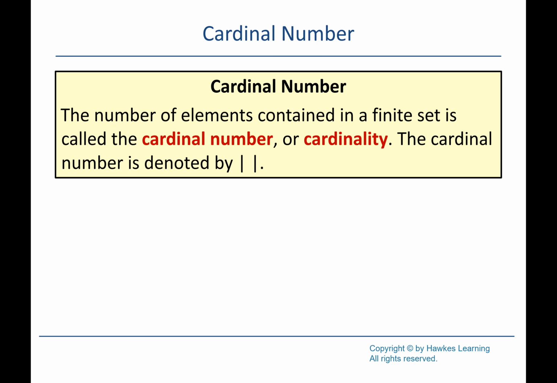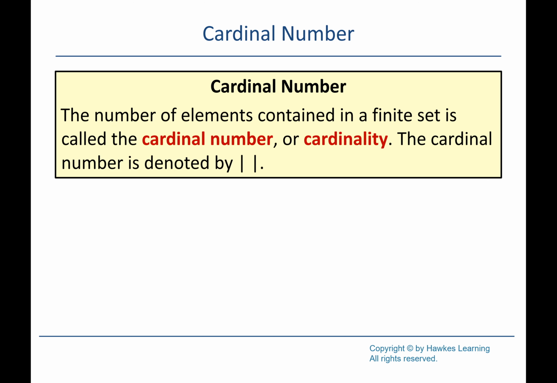And our notation for that looks weird up here because we don't have a set name in there, but it just looks like the absolute value symbol. You remember what absolute value looks like? Just the two vertical bars on each side. That's all that is there, even though it looks strange because it's empty.